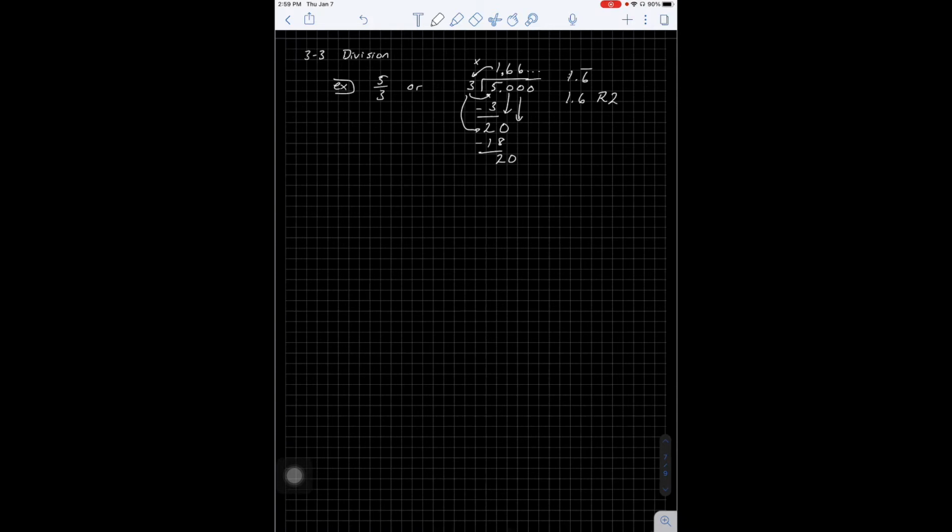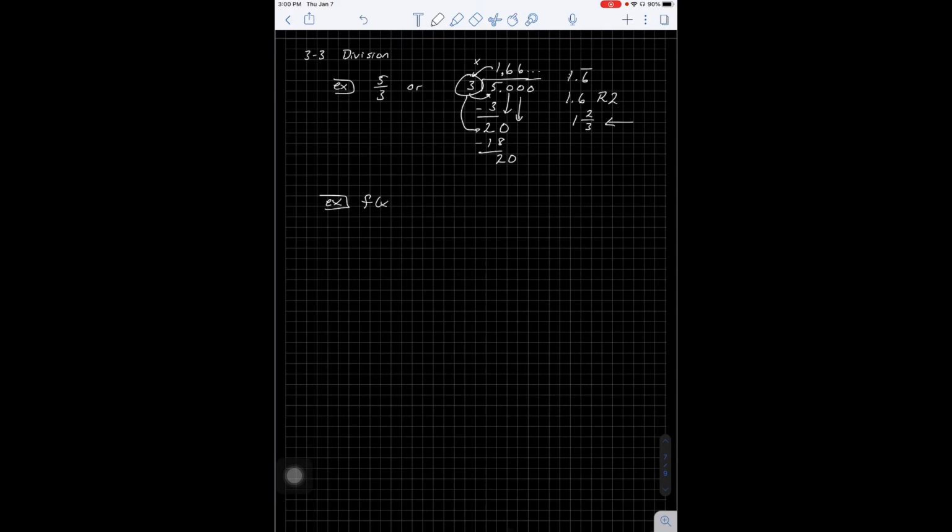So you could say it's going to be 1, and then your remainder is 2, and so you do 2 over the number that you divided in, 2/3. Okay, so there's a lot of ways to write the answer. And we're going to focus on this way, writing your answer and then taking that remainder and leaving it in fraction form. So now let's look at polynomials.